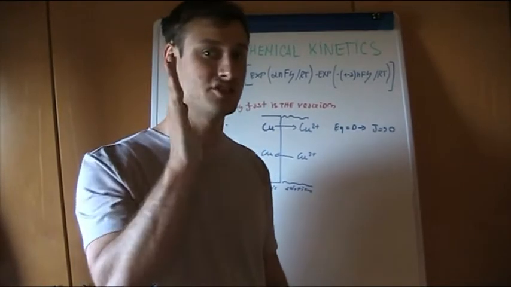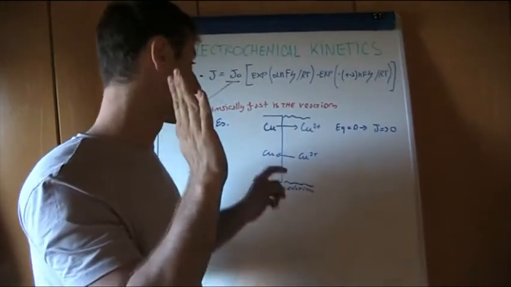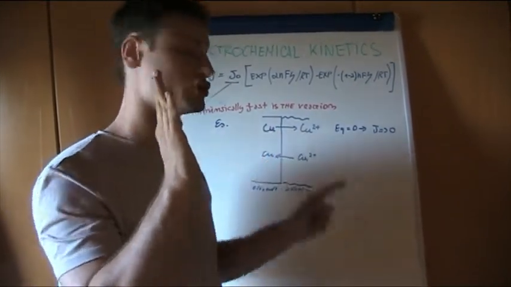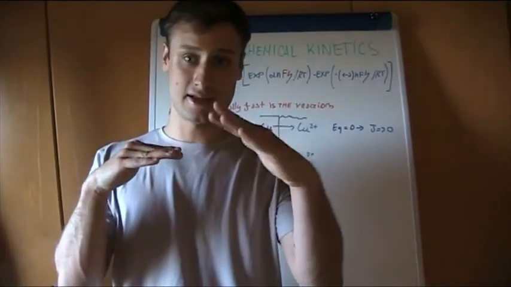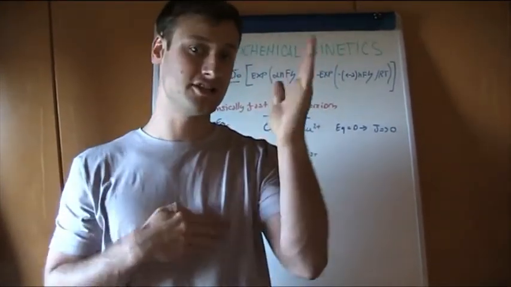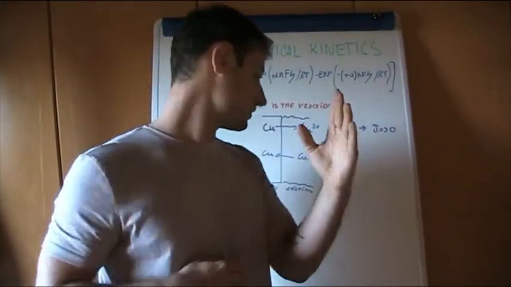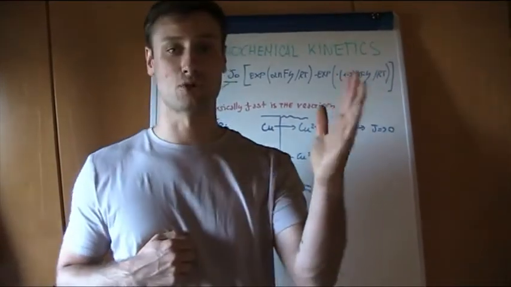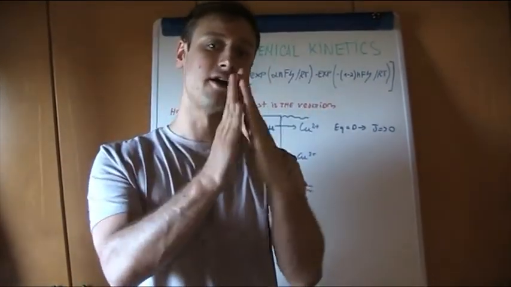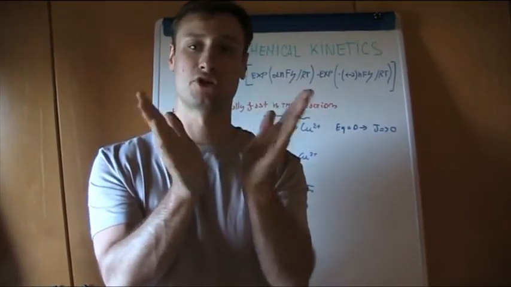This hand represents maybe the copper that is proceeding from copper 0 to copper 2 plus. From the other hand, we have the left hand that represents the proceeding of the other reaction. So the passage from copper 2 plus to copper 0, the reduction. When we are in equilibrium, they are completely balanced and we are not able to appreciate anything.